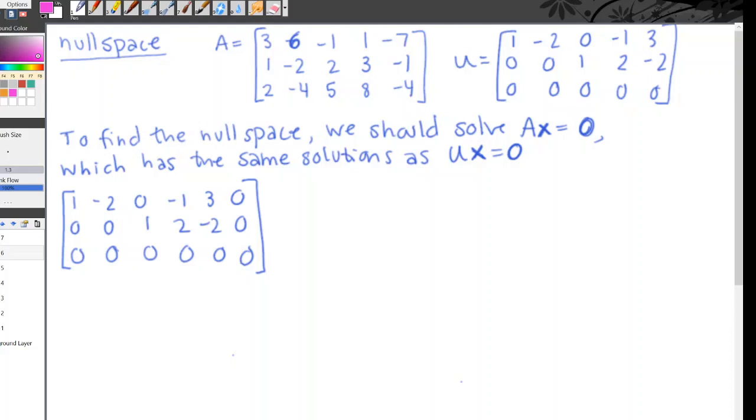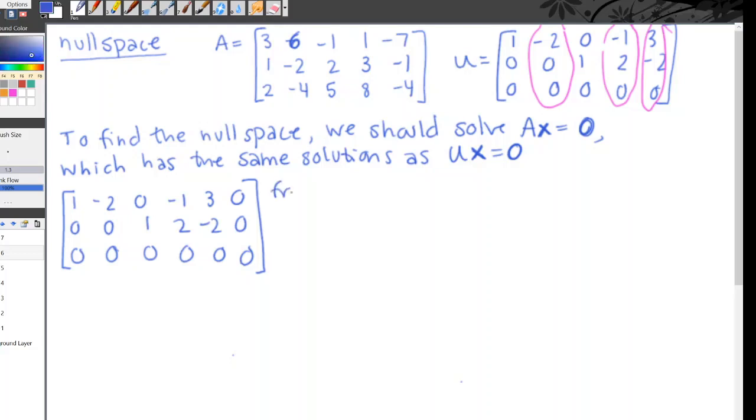So I'm just going to go up on the matrix U and circle the columns that correspond to free variables. Those non-pivot columns are going to be free variables, and so that means that x1 and x3, which are the variables that are not free, are going to be expressed in terms of x2, x4, and x5. So let's write that down.